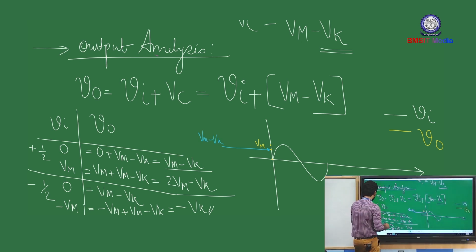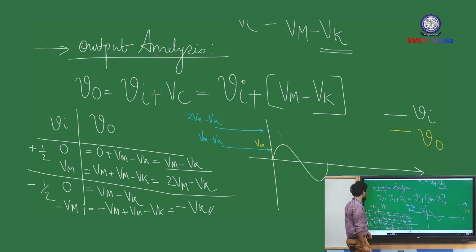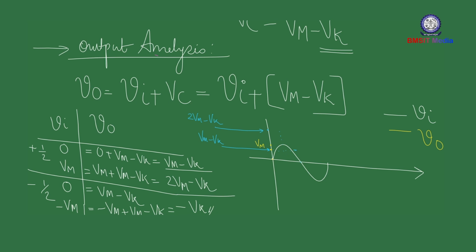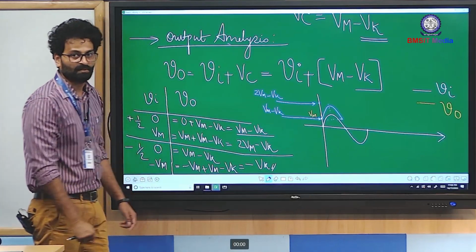And when your input reaches plus Vm, output will be 2 Vm minus Vk. And once again, when the input falls to 0, that is at this point, output will be at this point. Okay, and then you can complete the positive half cycle. So this is your positive half cycle.